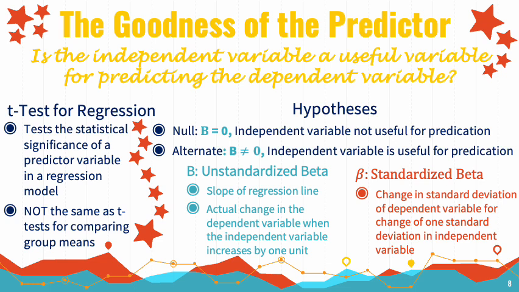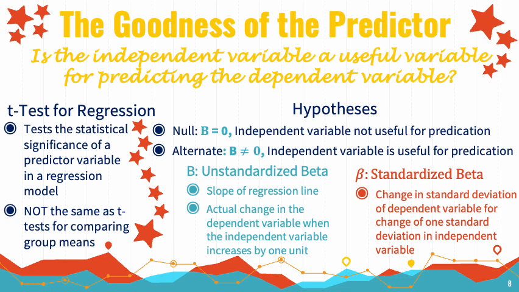The good news is that you will use your statistical software such as Microsoft Excel or IBM SPSS to run this t-test. You will begin, as with all tests of inferential statistics, with your null and alternate hypotheses. Your null hypothesis will look like b equals 0, or the independent variable is not useful for predicting.